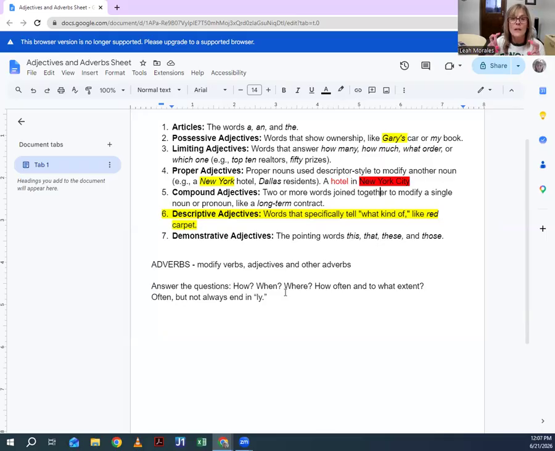One easy way to spot an adverb is that many of them end in ly. Rapidly, efficiently, carefully, they all end in ly. You just have to be careful with that because not every single adverb ends in ly. And also some words, friendly, costly, lonely, they end in ly and are not adverbs. Those are adjectives, okay?